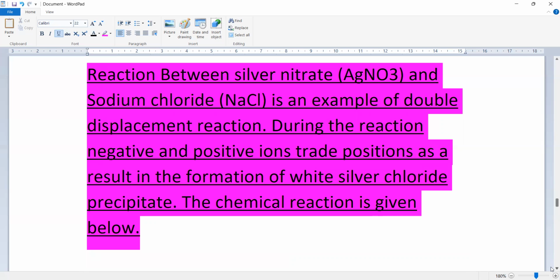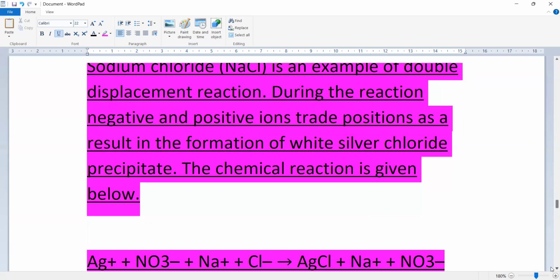During the reaction, negative and positive ions trade positions, change positions, as a result of which a white silver chloride precipitate is formed.